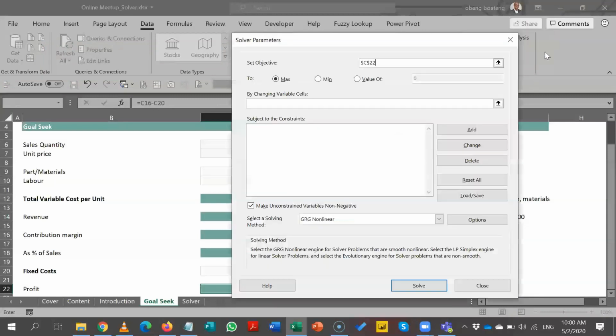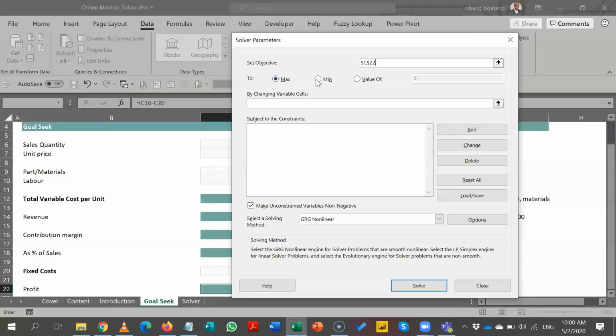Now, when you click the objective cell, you determine what to make of the objective cell. In some decision models, Solver can help you maximize, so it is going to give you the maximum value possible. You can choose this.